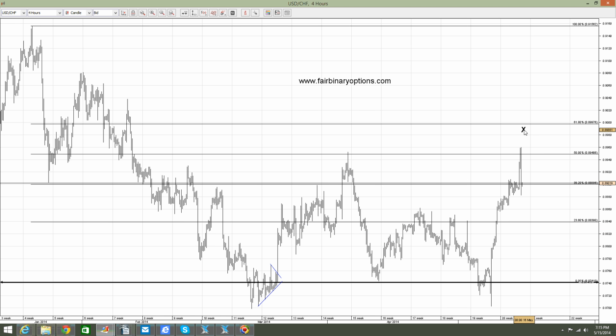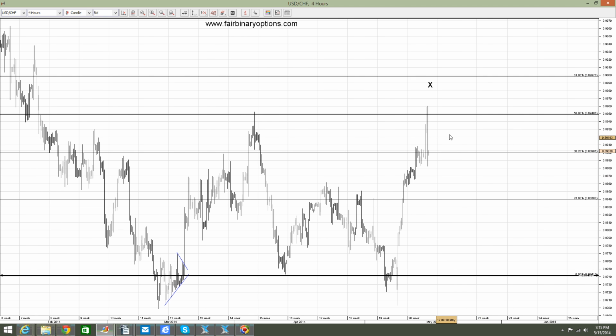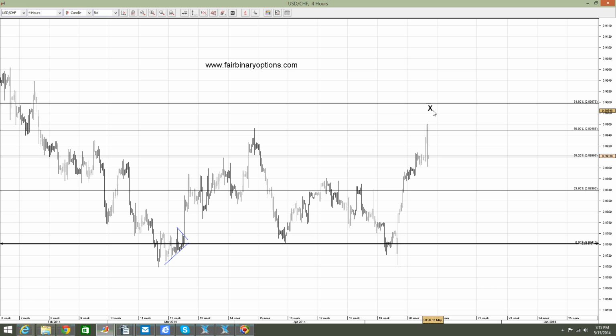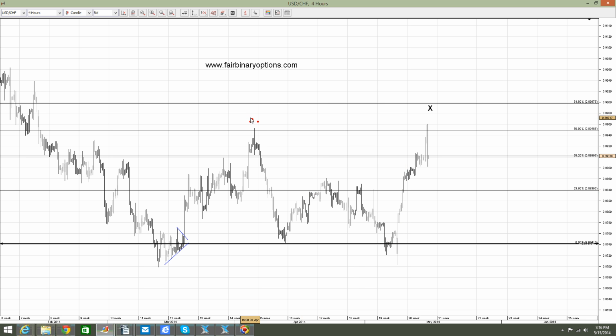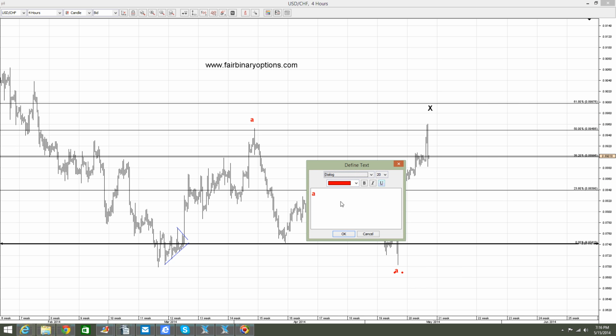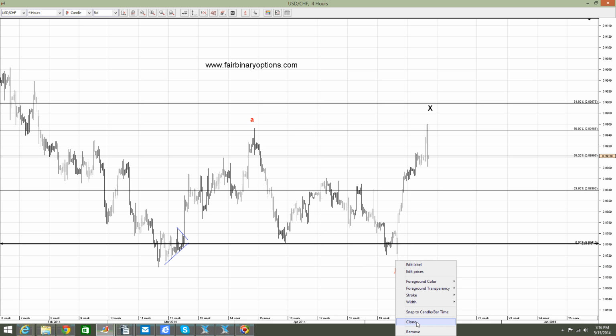This X wave of a bigger degree ends here, and this is the flat that I want to discuss, as this flat goes with this being wave A of a lower degree, and of course this being the B wave here, and of course this being the C wave here, all the way to the upside.